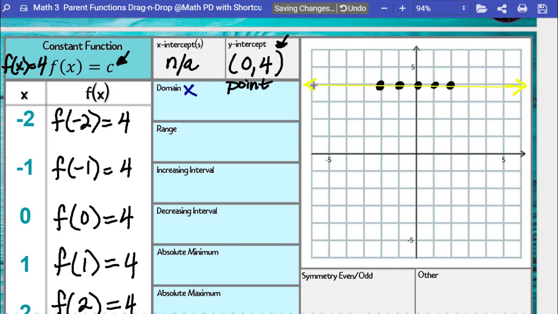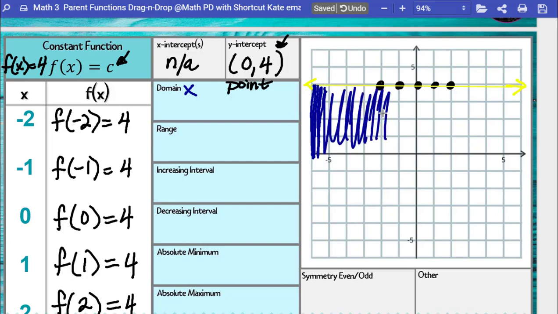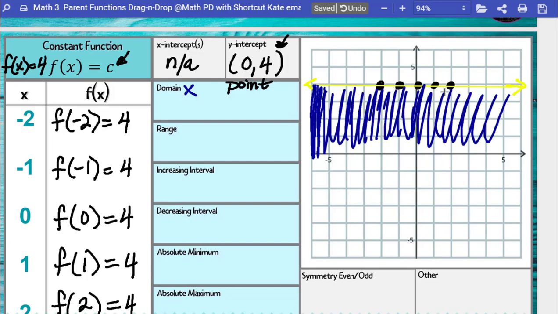If I took a perpendicular line and I met up with all of the x values on the graph, which is the yellow, you're going to see that every x value on this graph works. What I like to think about it is it's almost as if you're picking up the whole line and smashing it against the x-axis. So you can see it is all the x's on the line.